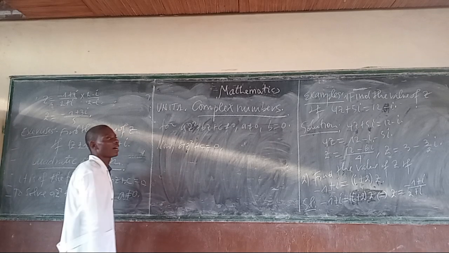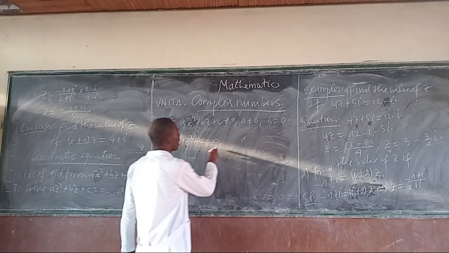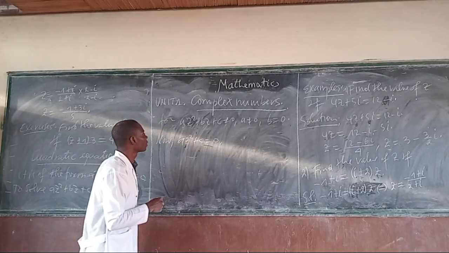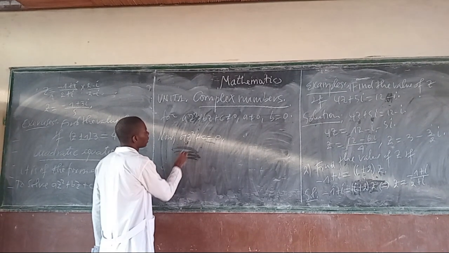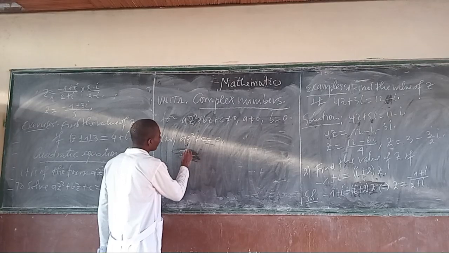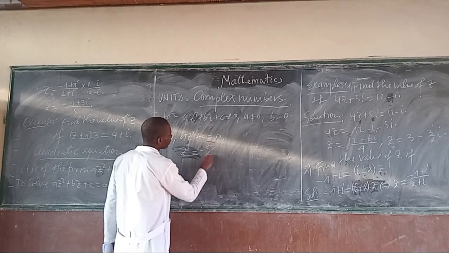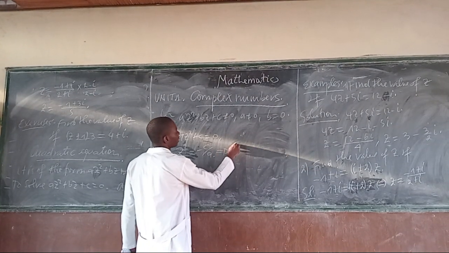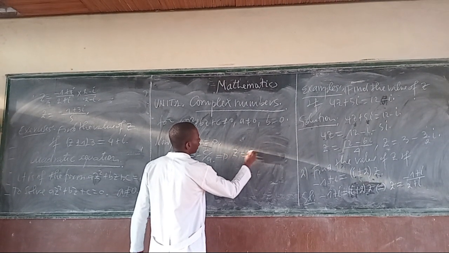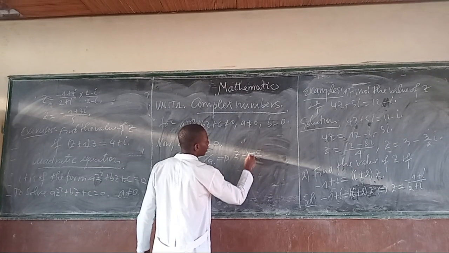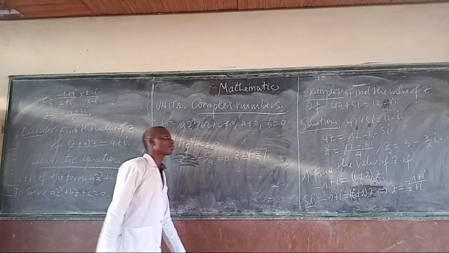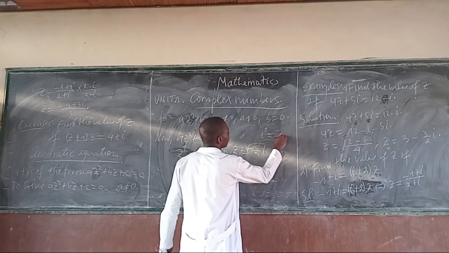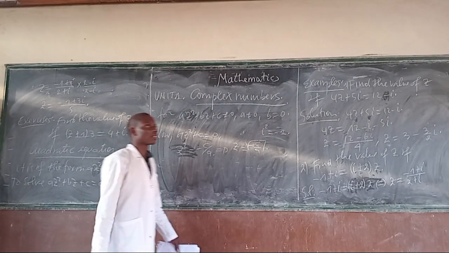To find the value of z, z squared will be equal to negative c over a, and this implies that z will be equal to the square root of negative c over a. And this negative is no problem because you normally know that i squared is equal to negative 1.